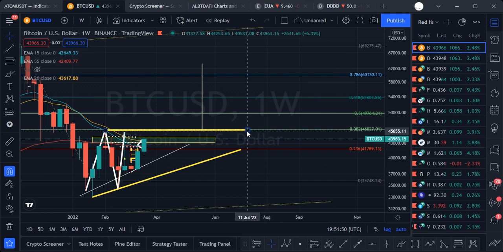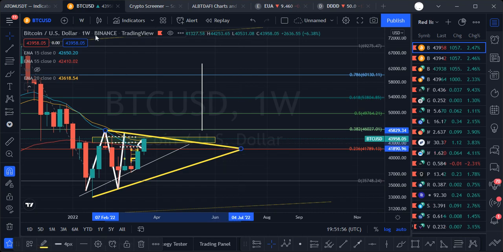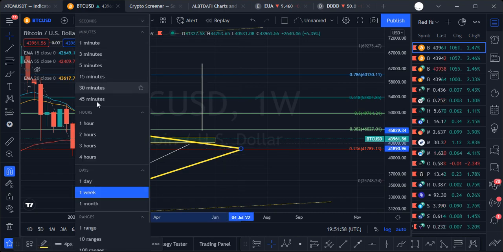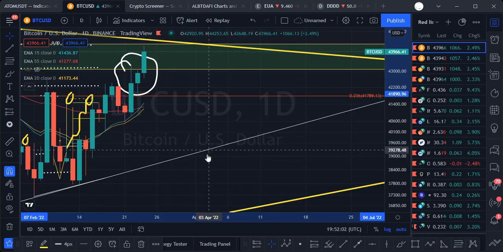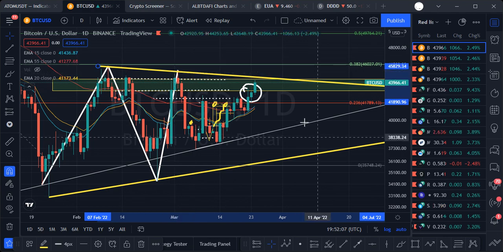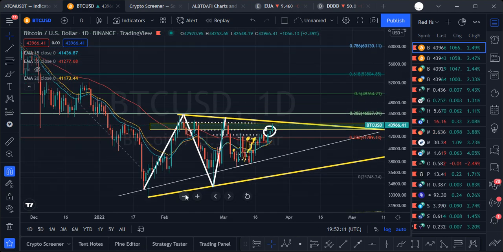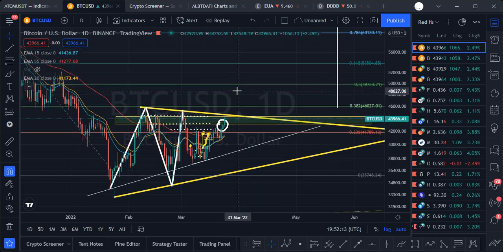So at the moment, it's just at that key point, isn't it, where it's coming up to test the resistance. I'm going to flip down into the daily and get a slightly better scope, reset that, make sure it's all set right, and zoom that in.